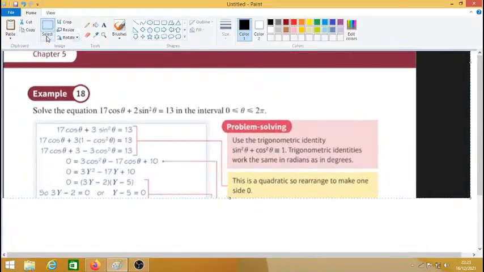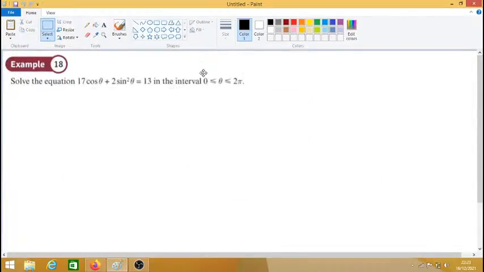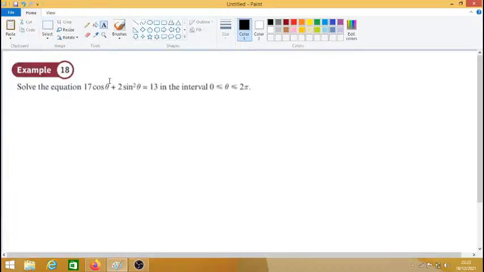It's example 18. So we have to solve this equation, and we're given an interval in radians, so that means we're going to have to be working with the angle in radians. Remember that 2 pi just means 360 degrees.